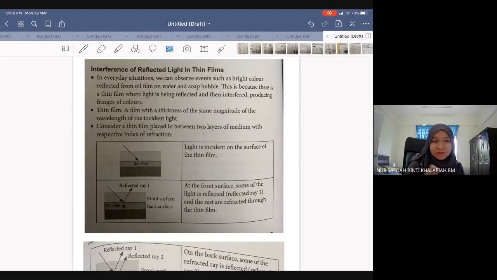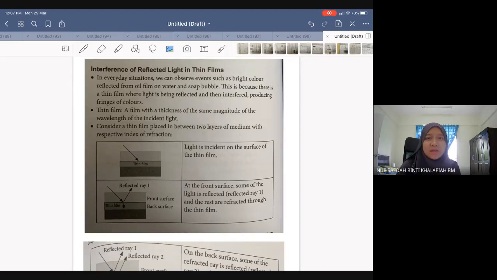So kita main soap bubble tu kita akan nampak a shining ataupun bright colour of the bubble soap tu. Okay, so that two things tu daripada dua example tu sebenarnya adalah berkenaan dengan interference of light berlaku ke atas oil film dan soap bubble kita.